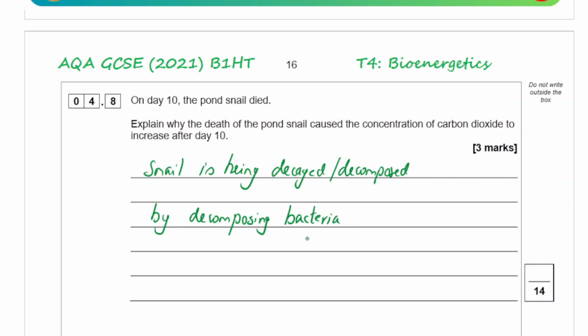You can call them decomposers in the pond water.